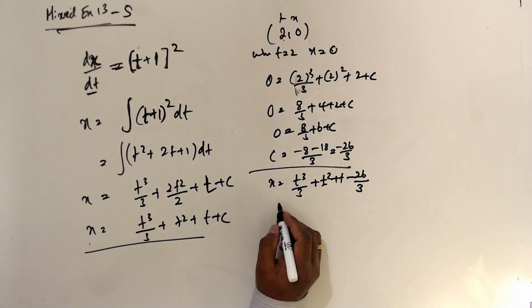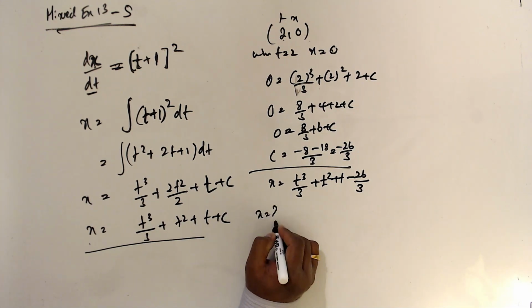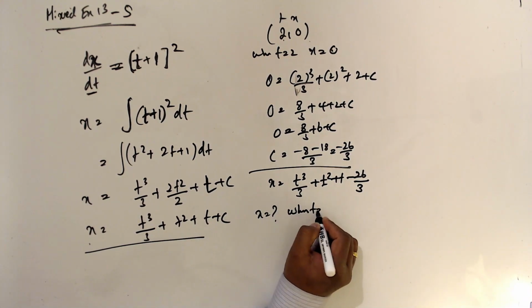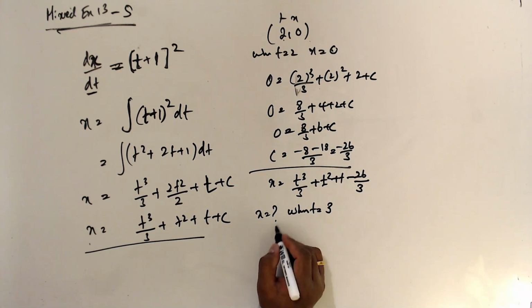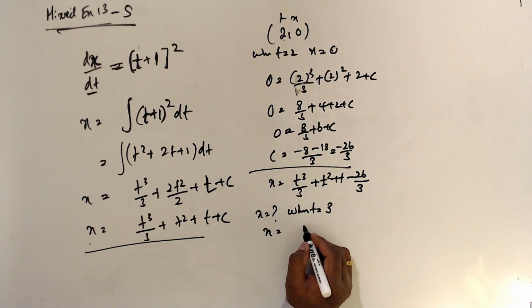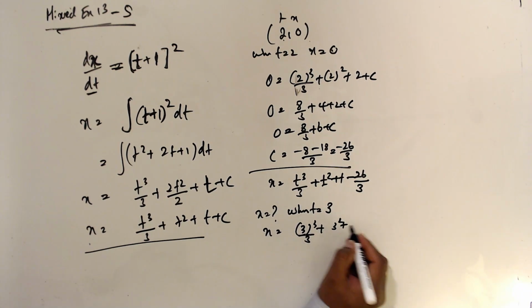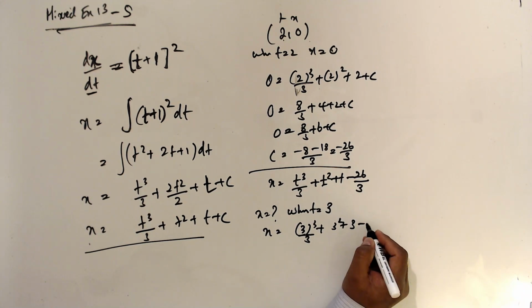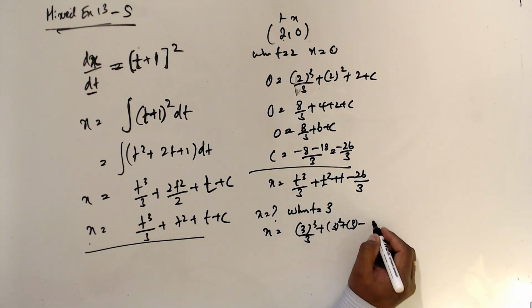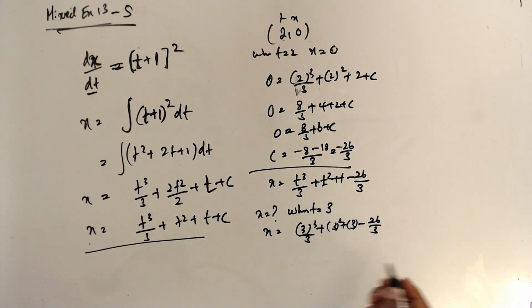We need to find x when t equals 3. So we'll substitute here. x equals 3 cubed over 3 plus 3 squared plus 3 minus 26 over 3.